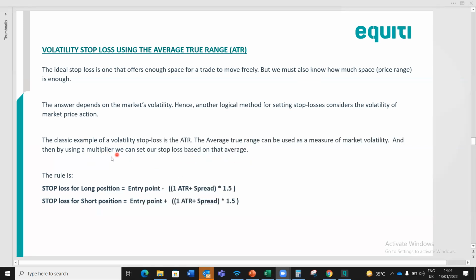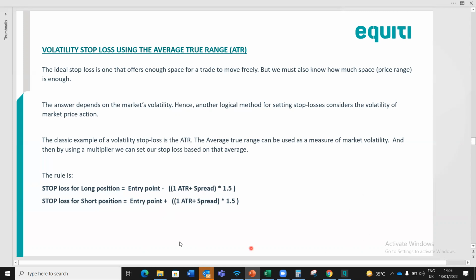Now the rule is this: for stop loss for long positions, buy positions, we determine the entry price, then subtract the ATR that we have currently at the time we started trading plus the spread, all multiplied by 1.5. Now 1.5 is the multiplier, the constant or factor used to multiply the ATR, and then we are good to go.